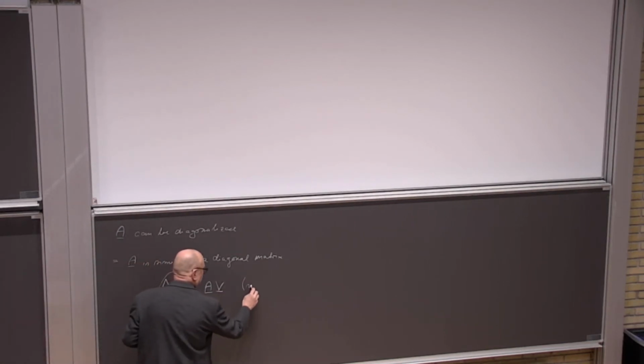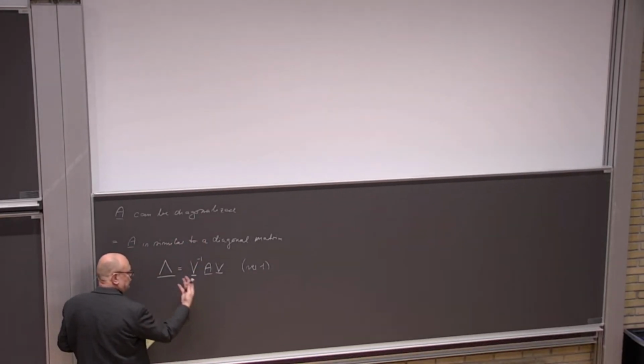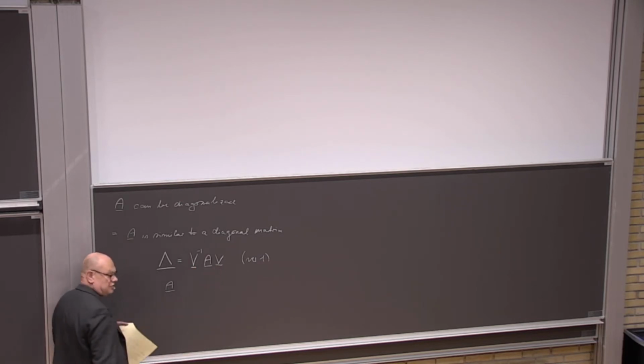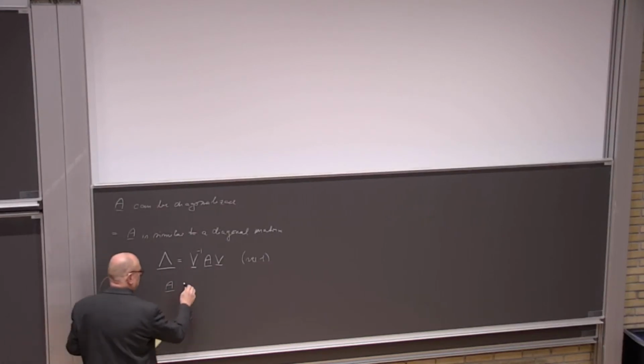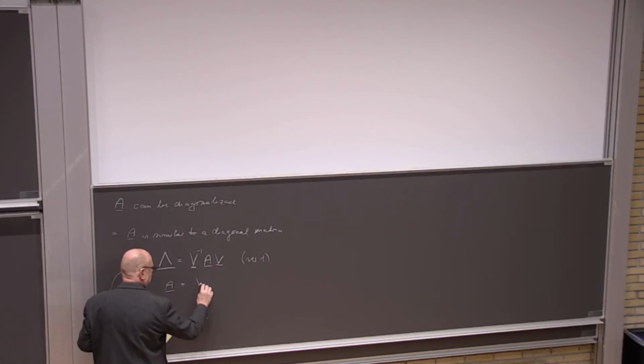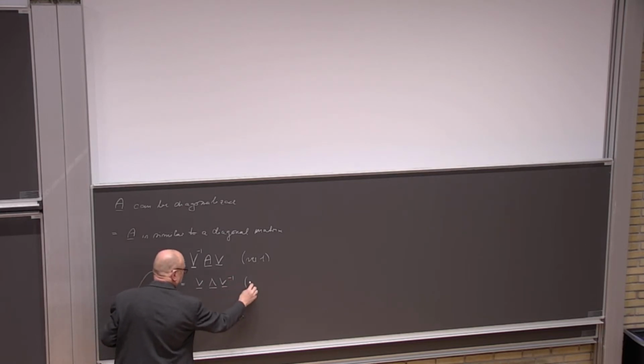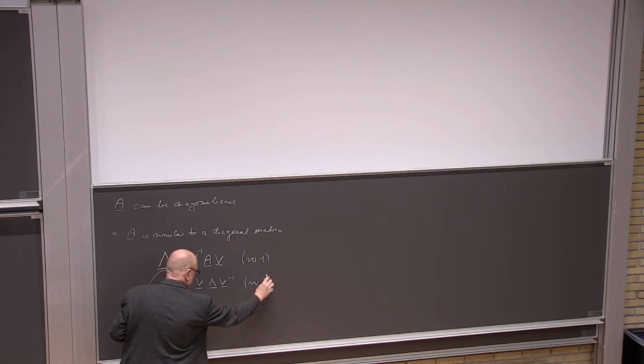This was, say, version 1, and you could do it the other way round. That is, you pre-multiply this by the matrix V, and post-multiply it by the inverse of V, and then you get that this is V times this diagonal matrix, and this is version 2.